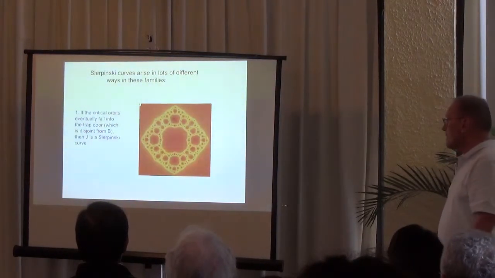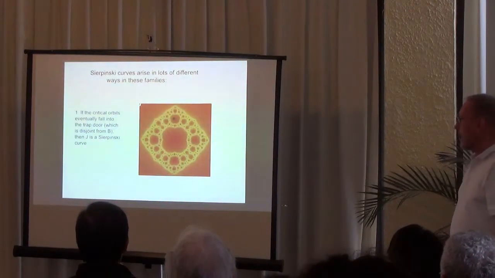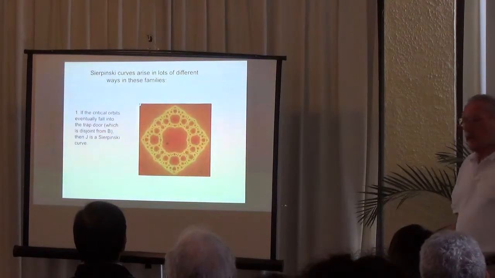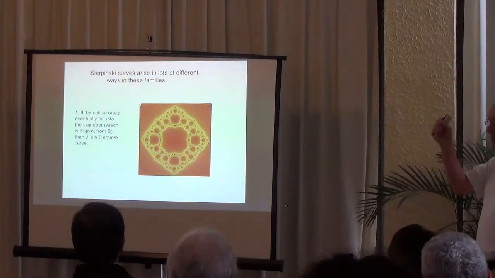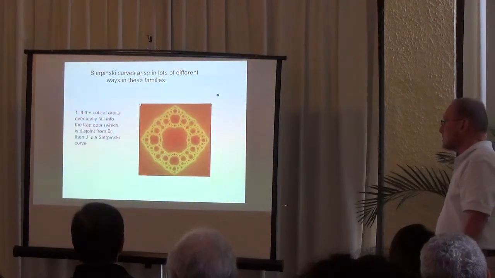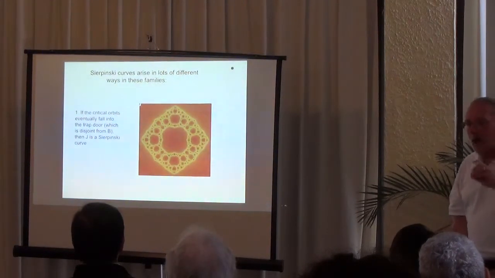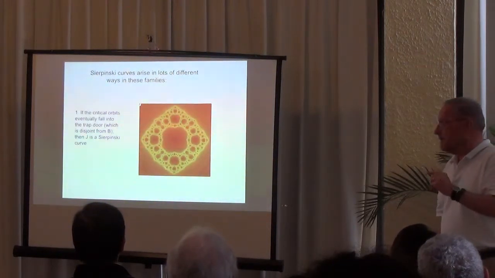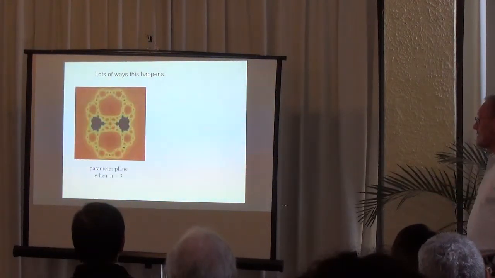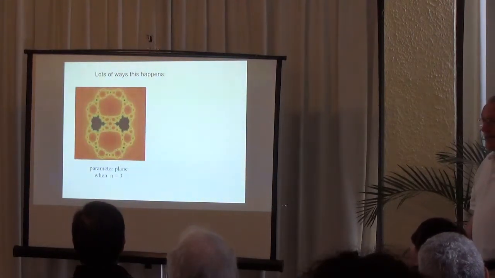Critical points map to the critical values, then map into the trapdoor and go off to infinity. So if the critical points take 2 or more iterations to go into the trapdoor, then automatically the Julia set is a Sierpinski curve. Okay. And there's all kinds of ways this happens.